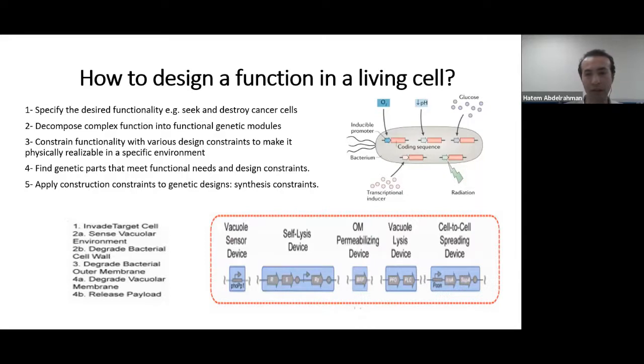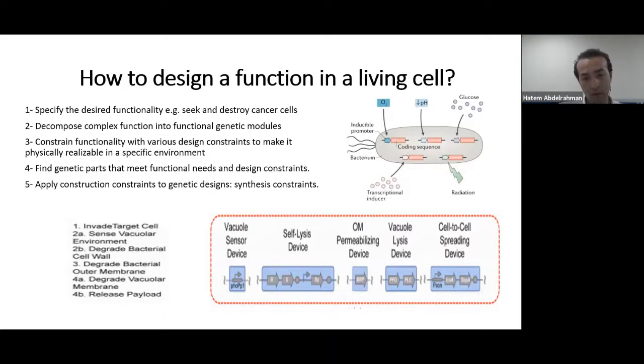You need bacteria that can survive cancer conditions. So these sorts of design constraints, you need to specify them as well in order to arrive at a functional system at the end. And once you make this specification and top-down decomposition, you can then start searching for genetic modules that encode your sub-functions.